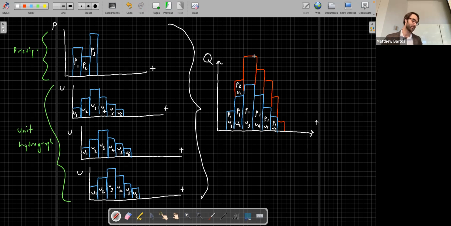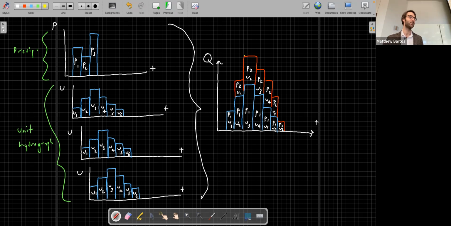This bar here is P2 U2. This bar here is P2 U3. This bar here is P2 U4. And this bar here is P2 U5. And this bar here is P2 U6. Okay, and you can kind of see the pattern here. We take this unit hydrograph, we slide it over again, 1 unit in time, and then we scale it by P3.